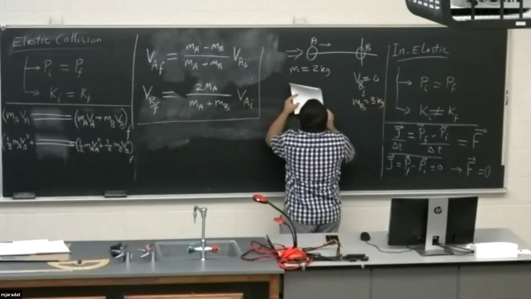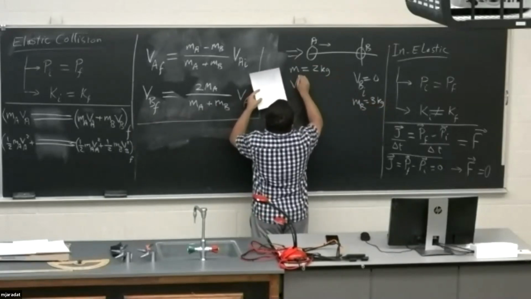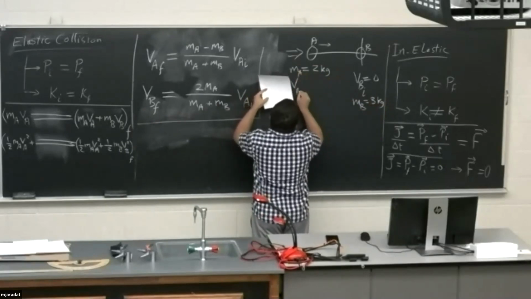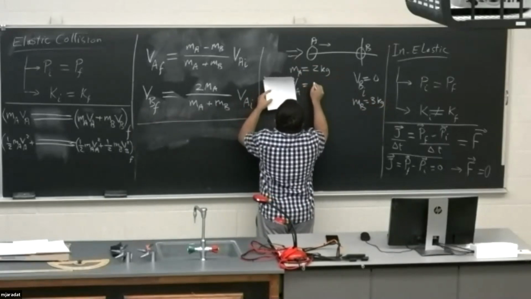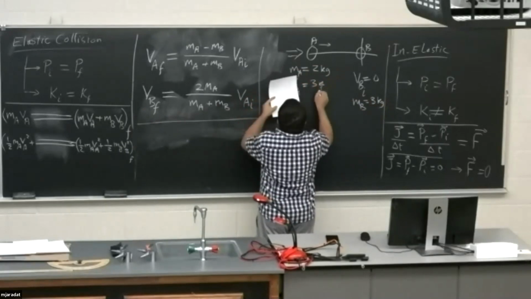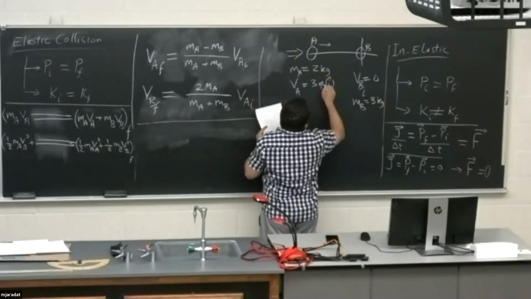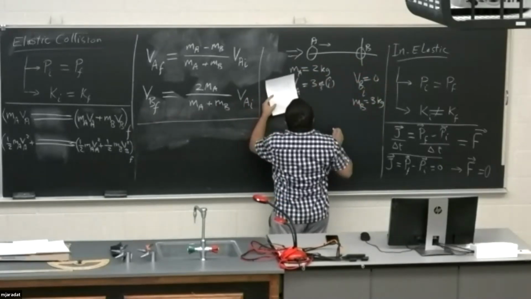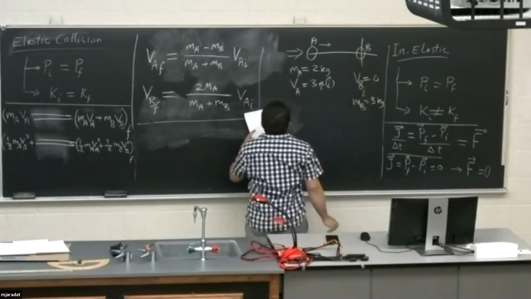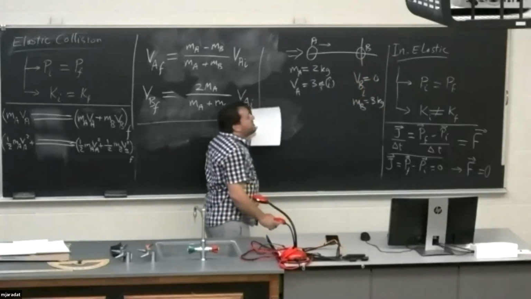The velocity of A initially is 3 meters per second in the positive x direction, and the velocity of B is 0. Find the velocities after the collision.